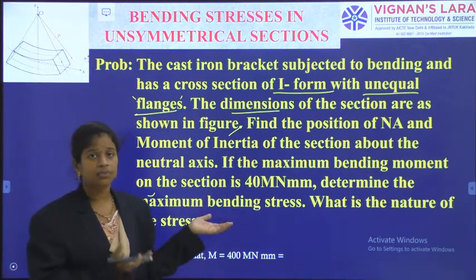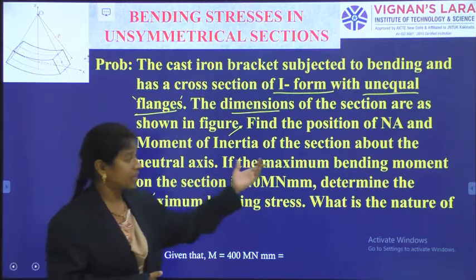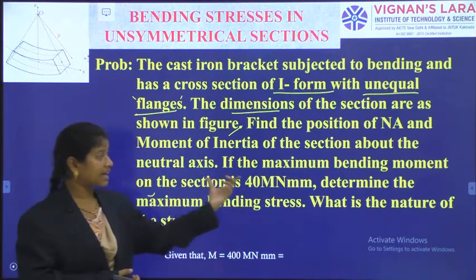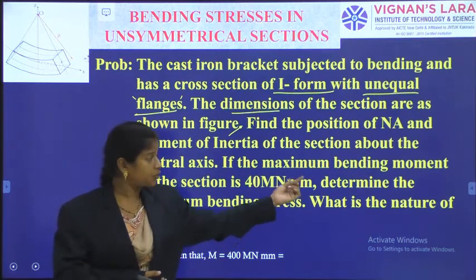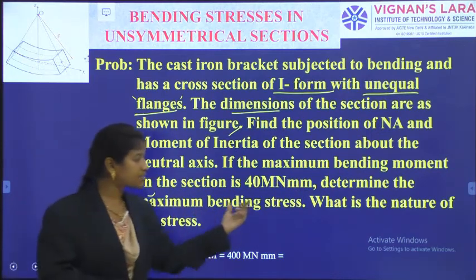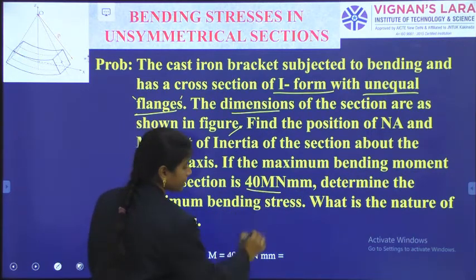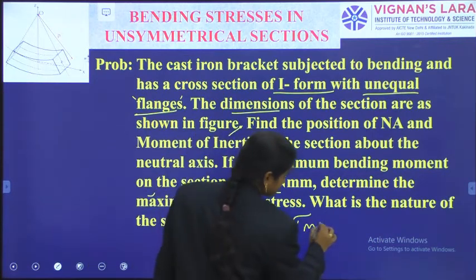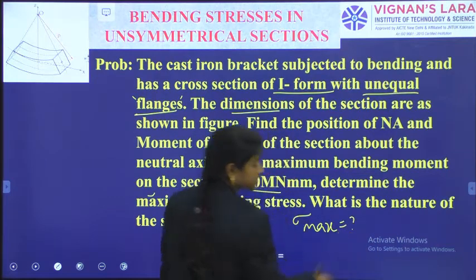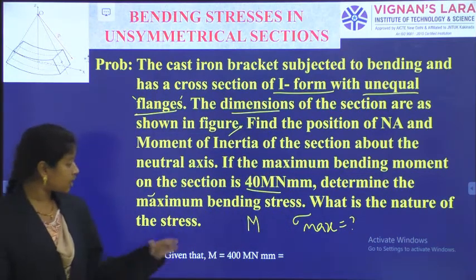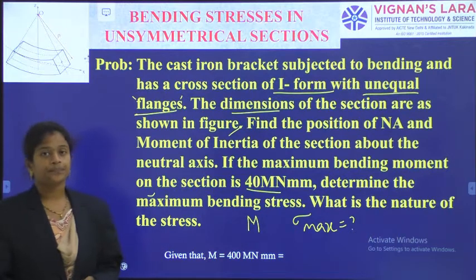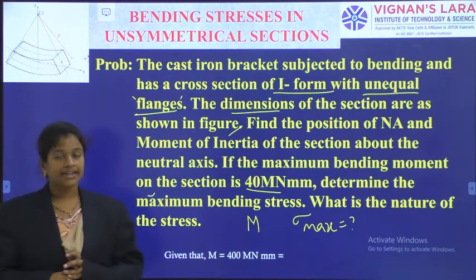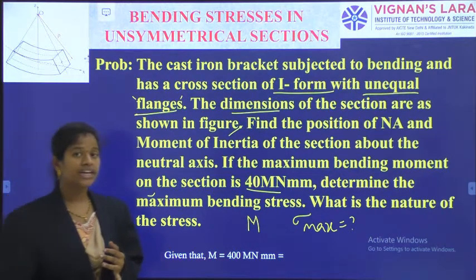If the maximum bending moment occurring on the section is 400 meganewton millimeter, determine the maximum bending stress, sigma max, and also the nature of the stress.